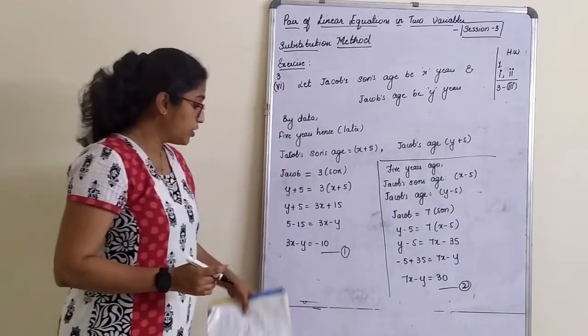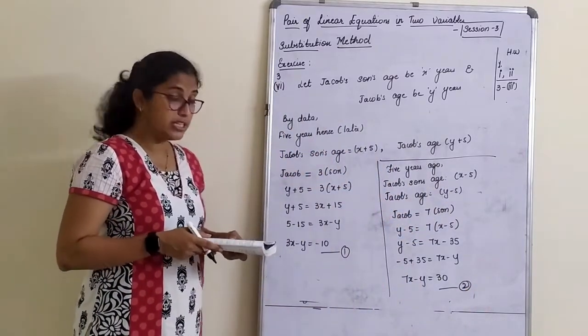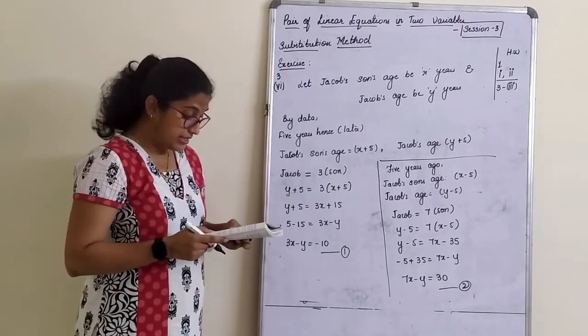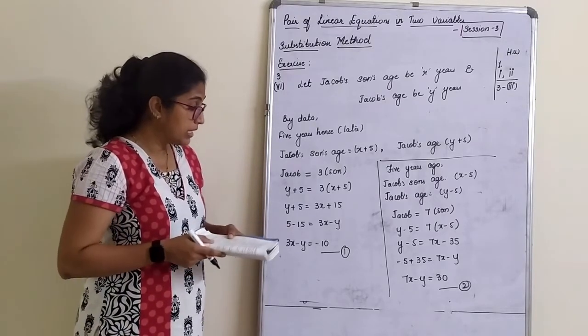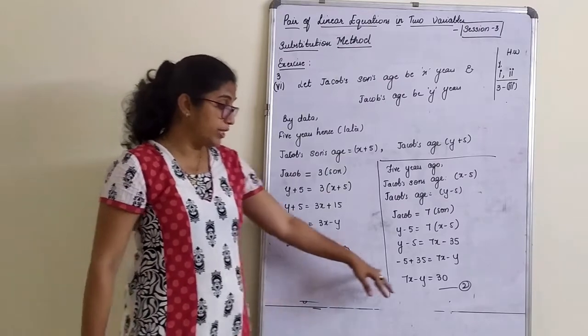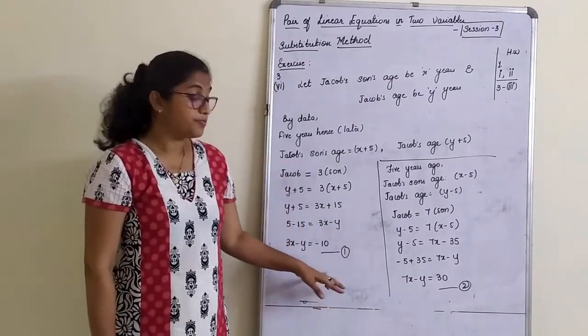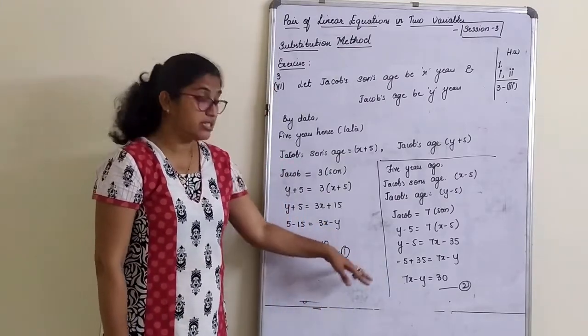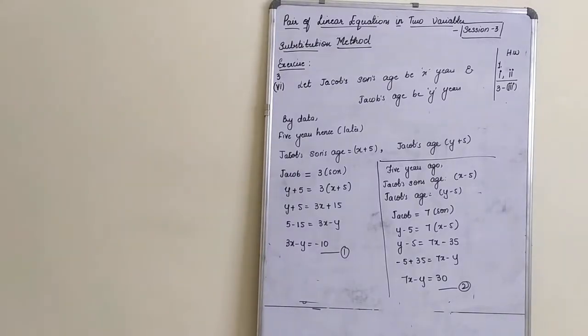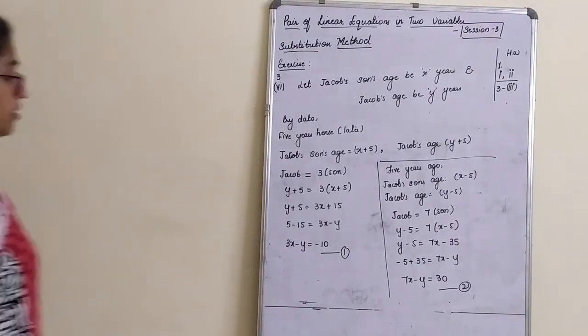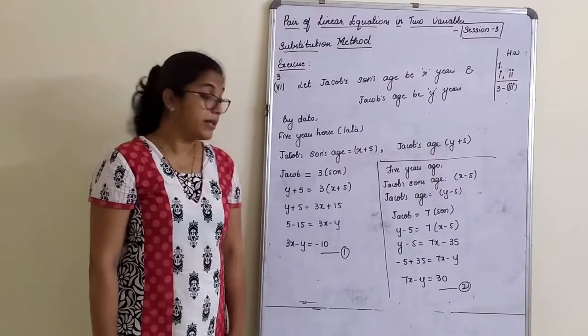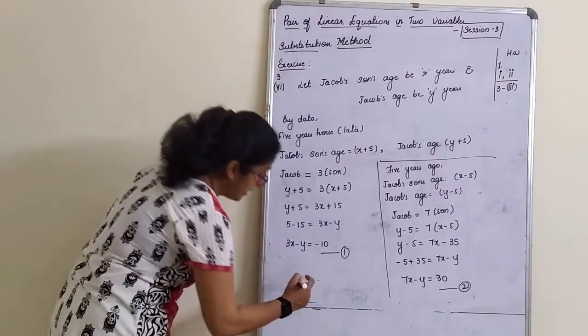So the first equation is 3x minus y is equal to minus 10 and 7x minus y is equal to 30. So we have two equations here. So you need to solve this in this form. Use substitution method to find the value of x and y.